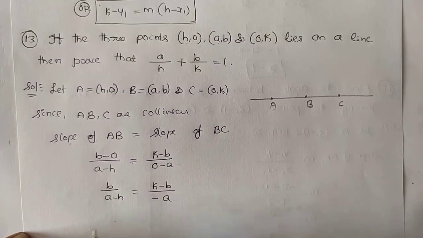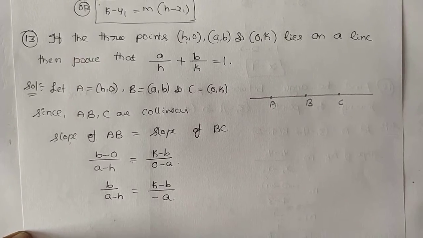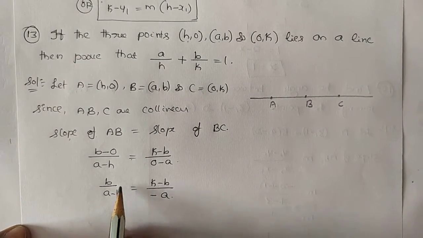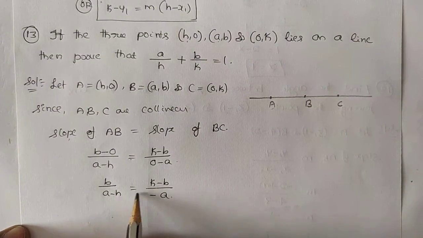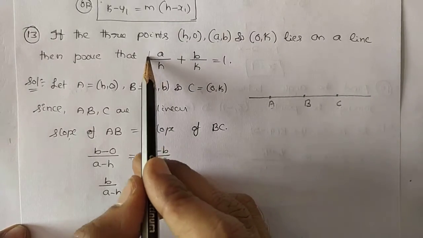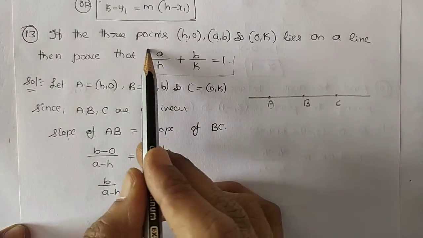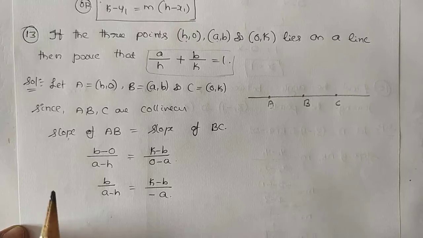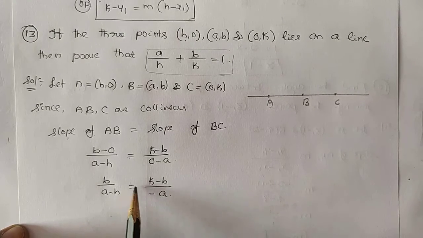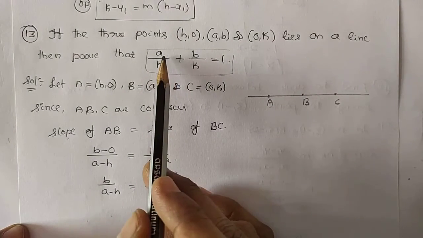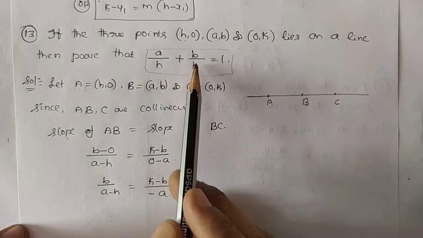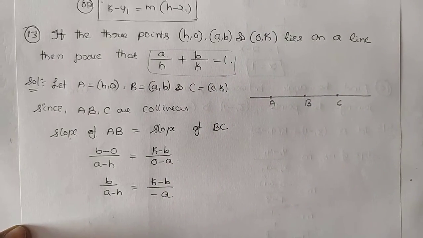Now take the cross multiplication. After this simplification, this result will be found. We have to simplify this until a by h plus b by k equals 1 comes.